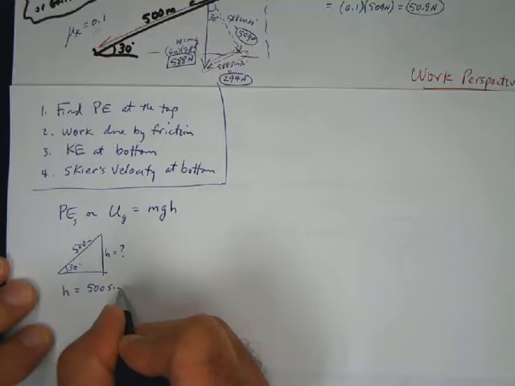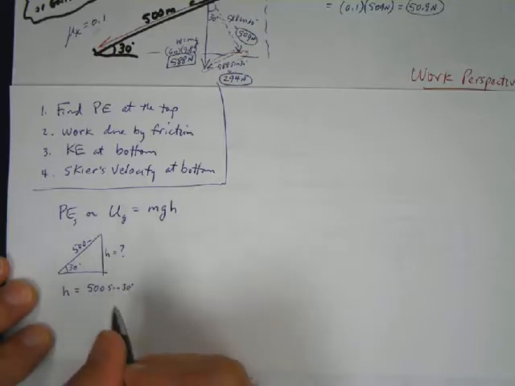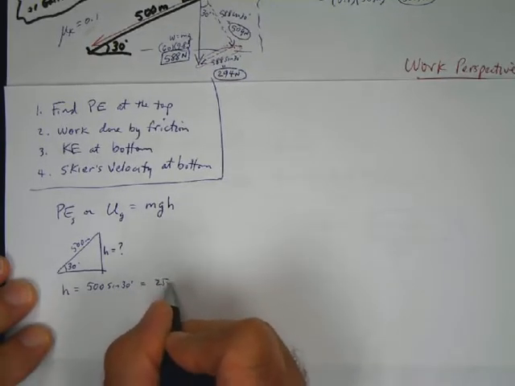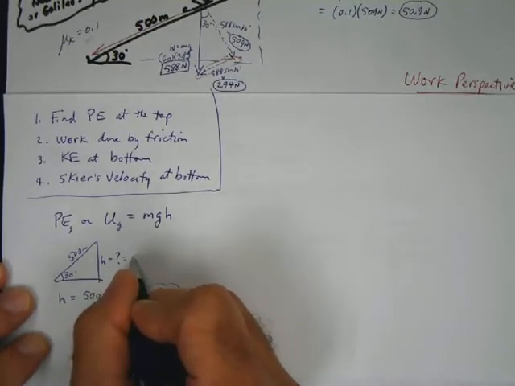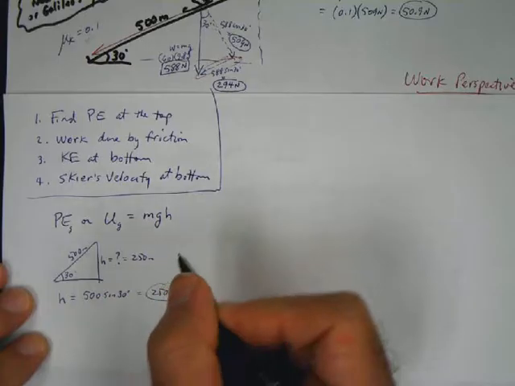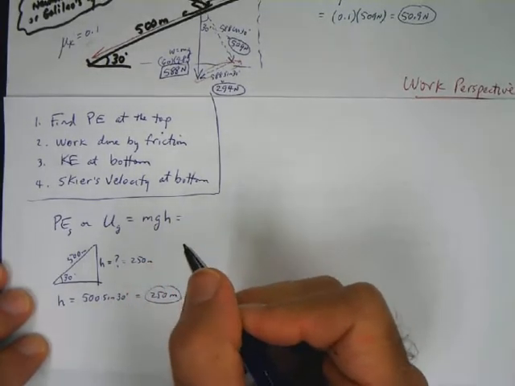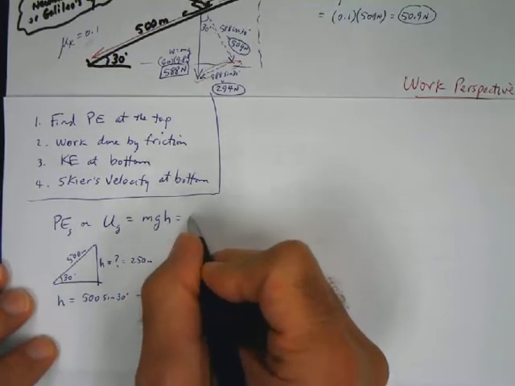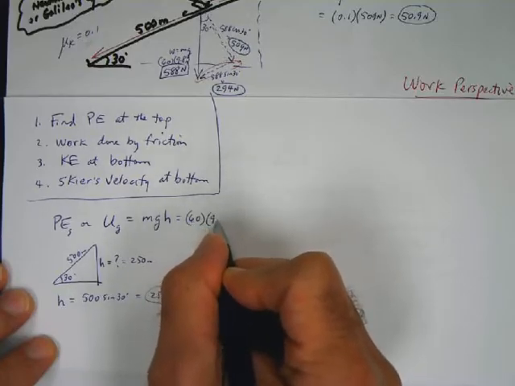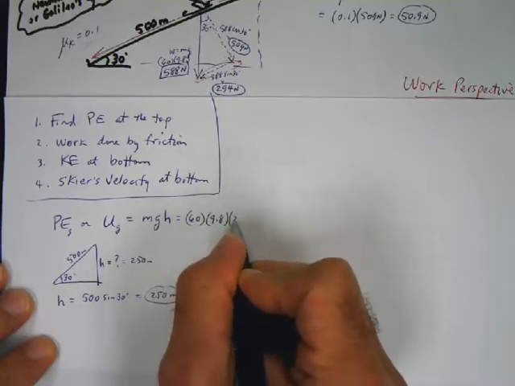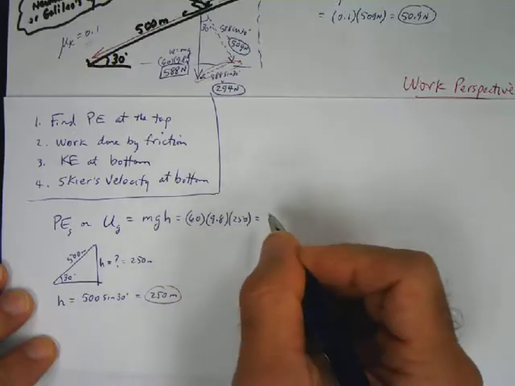We could go ahead then and plug that in. We have 60 kilogram mass of the skier, 9.8 for gravity, and the height is 250 meters. We end up with 147,000 joules. That number sounds awfully familiar.